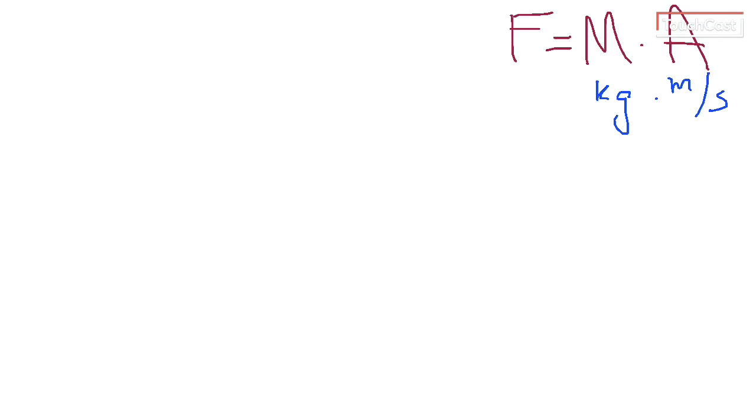Our equation we're going to be working on today is F equals ma, with m being mass in kilograms, a being acceleration in meters per second squared, and F being newtons. You can always solve for one if you have the other two.